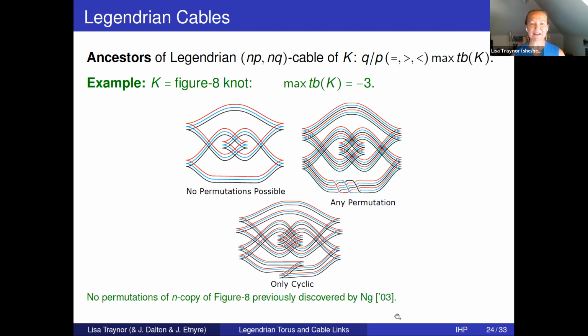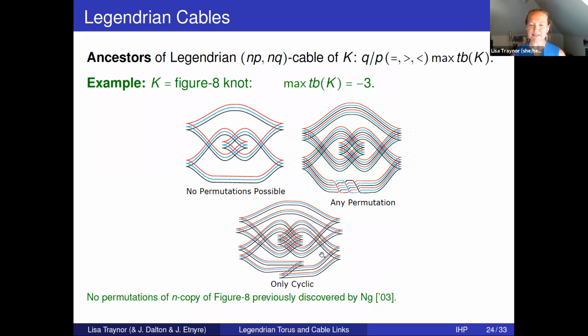What we find for the figure 8 is that if the slope is equal to the max TB, you can't do any permutation: not cyclic, not non-cyclic, no permutations are possible. The positive ones mimic the flexibility of the positive torus links, and you can do any permutation.